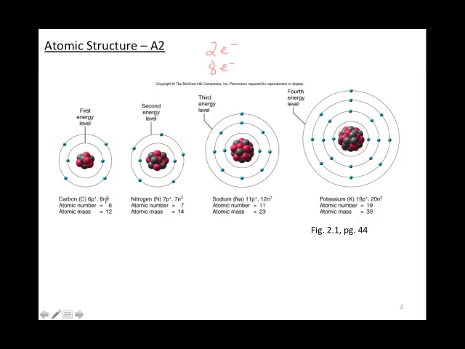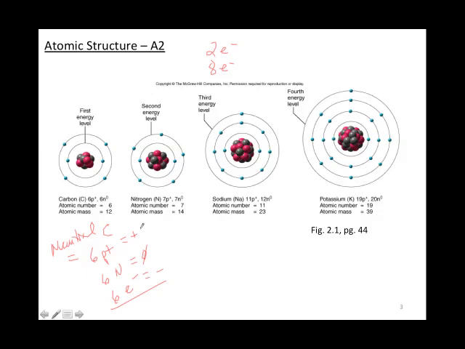So what we can see here with carbon is that carbon, in a neutral carbon atom, is going to have 6 protons, and they don't really show those in there, but 6 protons. It's going to have 6 neutrons, and it will also have 6 electrons. Now I say that this is a neutral atom because if protons are positively charged, neutrons are no charge, electrons are negative.